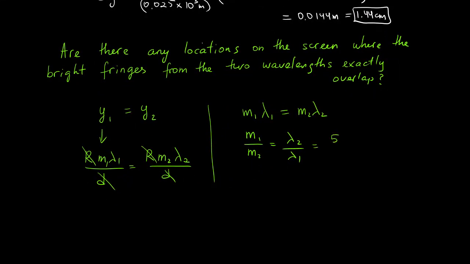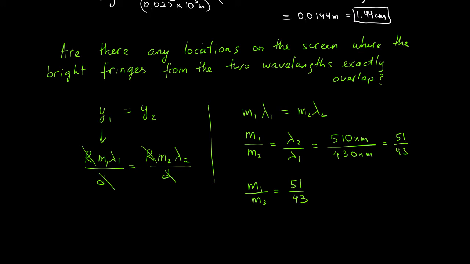So 510 nanometers divided by 430 nanometers, which makes it 51 over 43. So we end up having m1 over m2 equals 51 over 43.